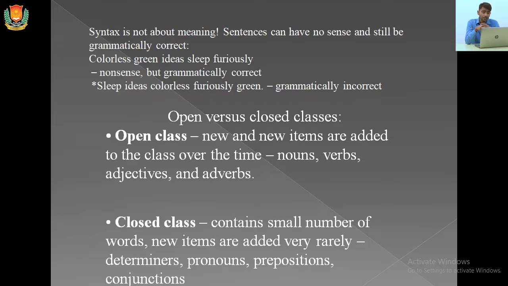Yes, it is grammatically correct because colorless green ideas has a subject in place of subject, verb in place of verb, adverb in place of adverb. So each part of speech has been put very specifically, and there is no flaw in it. That's why this is grammatically correct. But if I talk about sense, there is no sense in it. This is senseless.